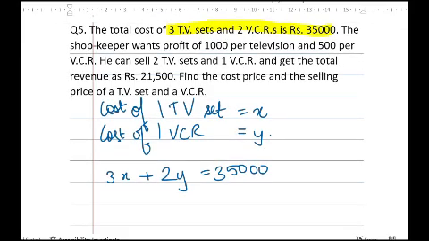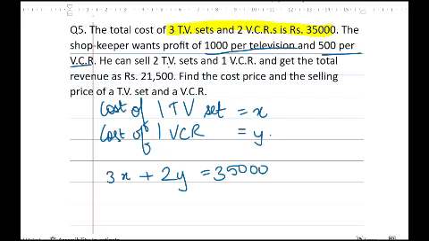Alright, so where will we get another equation from? Now if you look carefully, it says that the shopkeeper wants profit of 1,000 per television and 500 per VCR. So over the cost price, you'll be adding this profit to get your final selling price. So he can sell 2 TV sets and 1 VCR and get the total revenue, meaning the total earning, not just the profits.